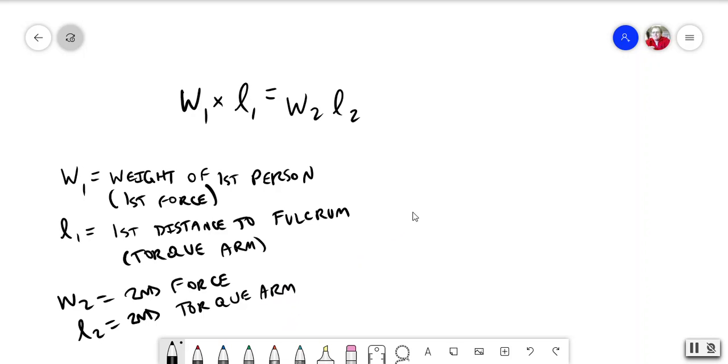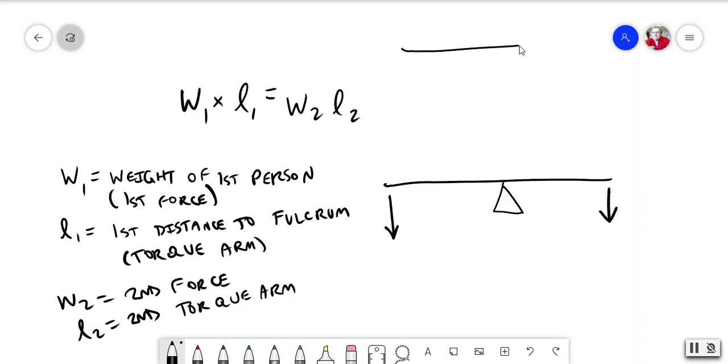Okay, so to describe what we're talking about here, W1 is the weight of the first person, if you want to think of this as like a seesaw.